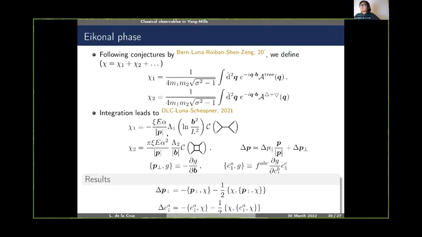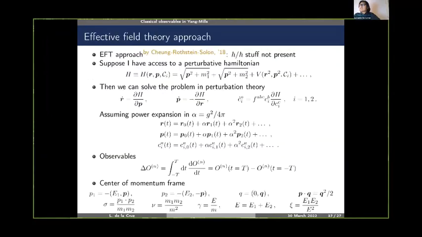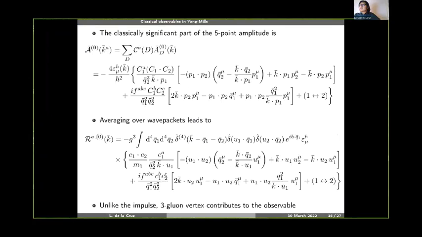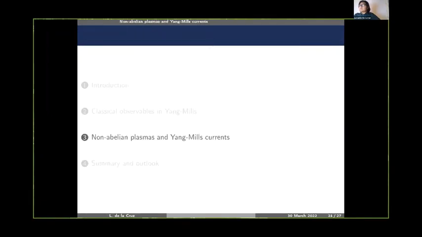One obtains two expressions for the eikonal phase, and it turns out that the results are quite simple. It can be written in this nice way, where I have defined some expressions for these parameters. Okay, so this is the end of the three ways of describing these classical observables.